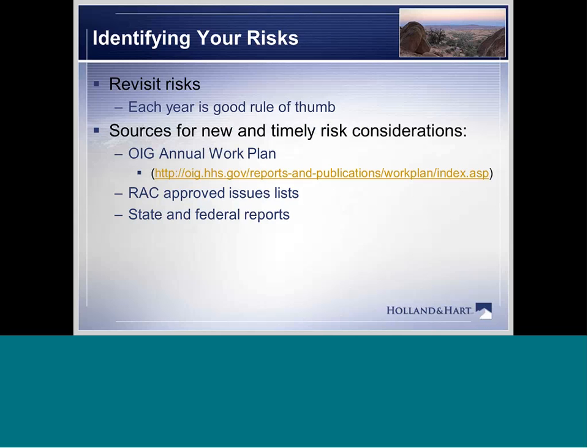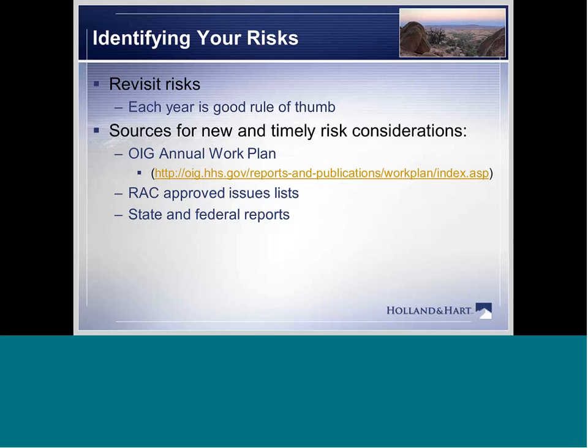As you're doing so, I would also suggest some areas to make sure you're looking at for risk considerations are the OIG's annual work plan. I put the link in the presentation, and the OIG issues that annually to indicate the areas that they're focused on, where they're looking at things in the fraud and abuse arena, for instance, or where they're looking at recovery actions.